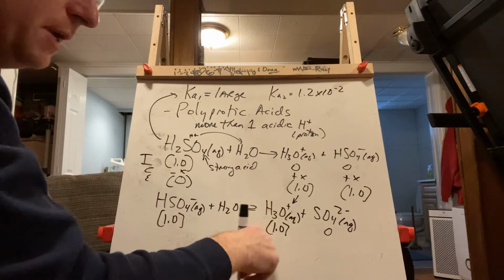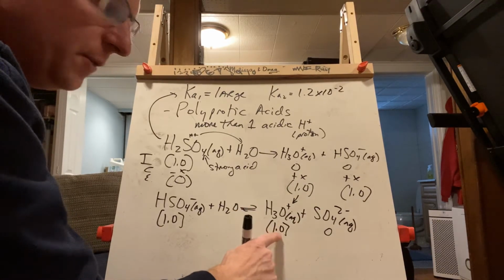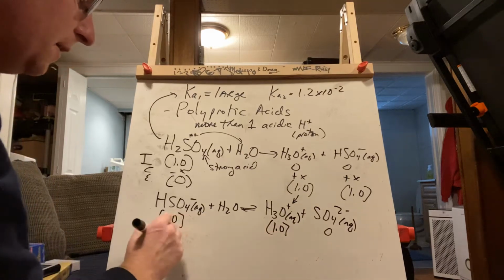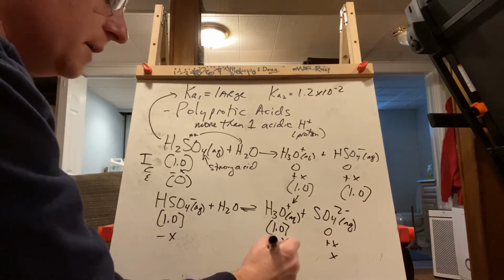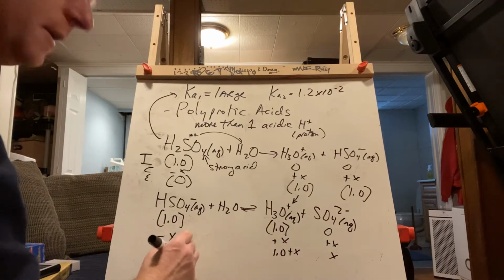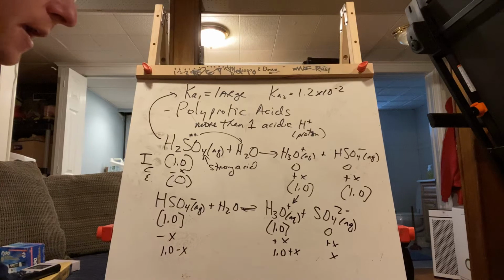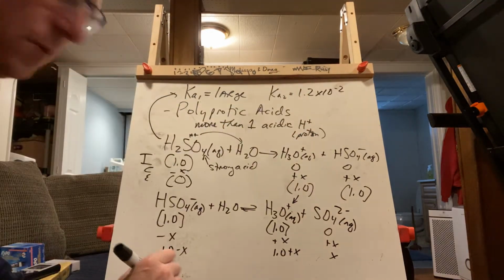Okay, so that's the big difference with polyprotic acids: for the second protonation, you're going to end up with 1.0. And then it follows the same rules: x, 1.0 plus x, 1.0 minus x. And this one, we're actually going to need to use our Ka2.